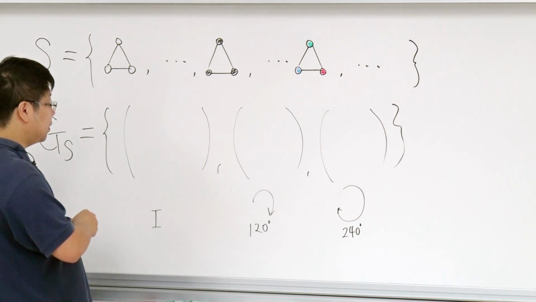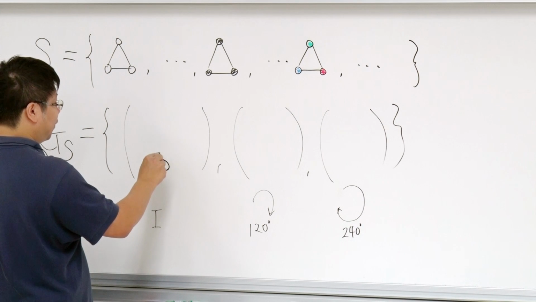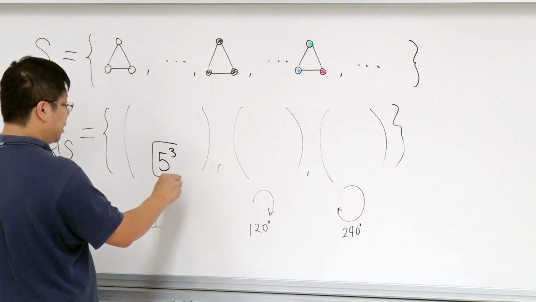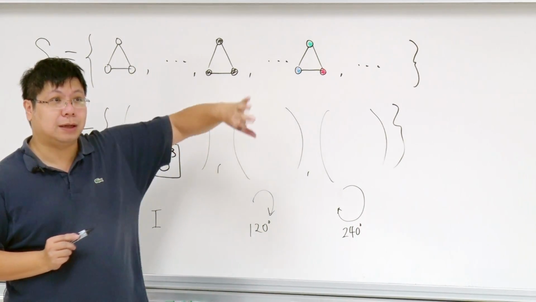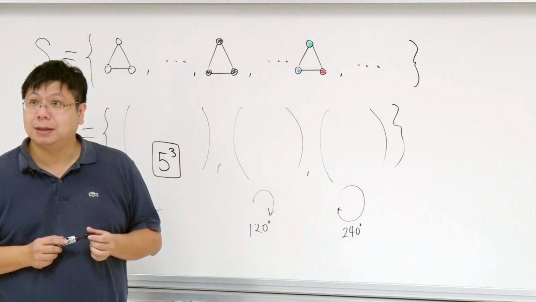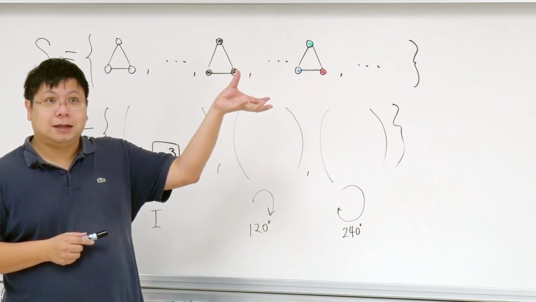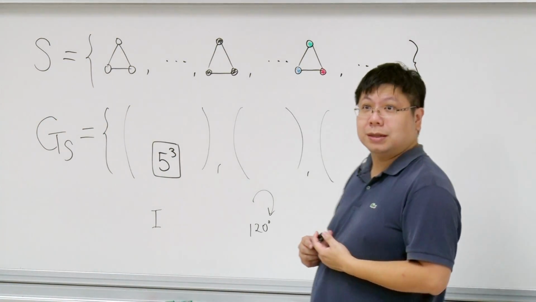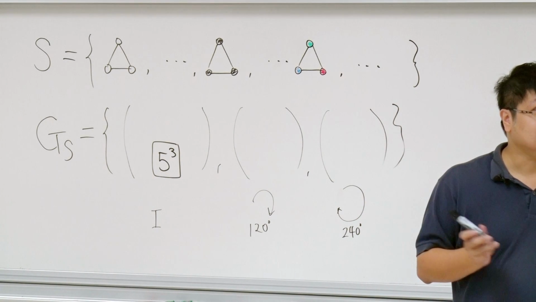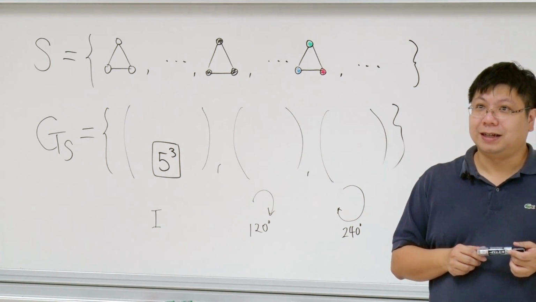So Burnside says, here you get the number 5 to the power 3, and you want to add this up. And this one corresponds to rotating by 120 degrees. So if something is going to be the same after it is rotated by 120 degrees, then what?